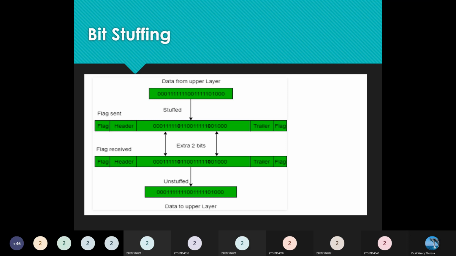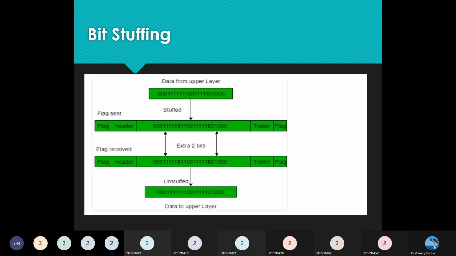If there are six consecutive 1s, we use only five consecutive 1s in the message, and automatically we insert a delimiter, the 0, and then it is followed by the remaining bit stream to be transmitted.